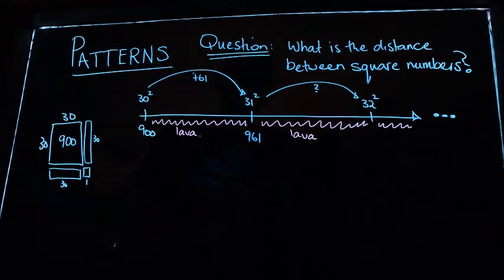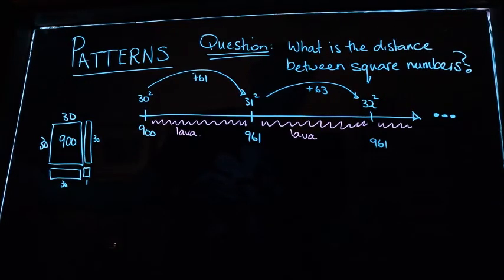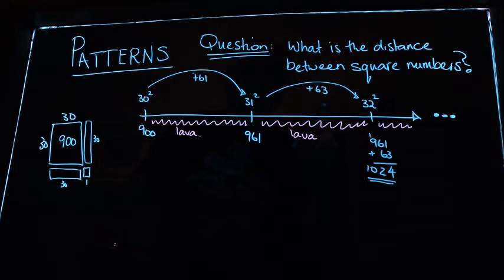And if we knew the patterns, we know if this is plus 61, then we suspect here we need to add 63. So the square of 32 should be 961 plus 63. So let's just quickly do the maths there. Carry the 1, 1024 is our number there, and we needed to jump 63 to reach that one.